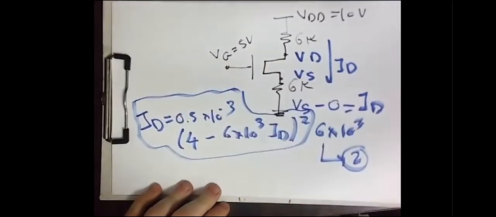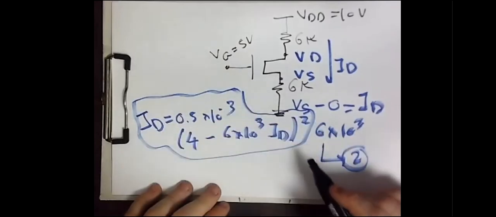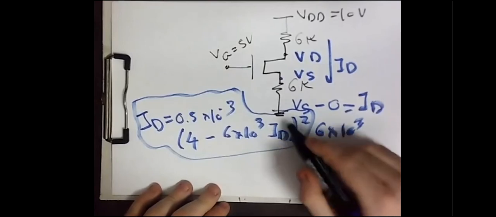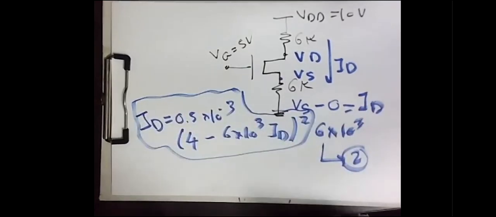This is an equation. As you can see, this is a second order equation in ID. So by simply going to your calculator and solving this equation, you will get two answers for ID because this is simply a second order equation.